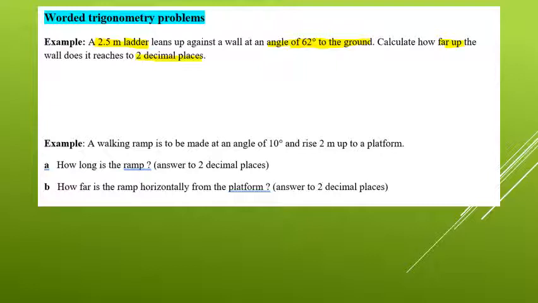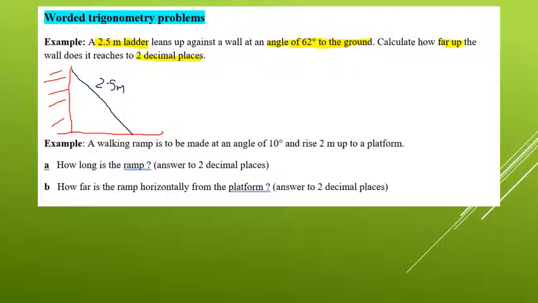Alright, so first of all I would try and draw a diagram to represent this. This will be pretty rough, but here's our wall, and the ground would be along here, and my ladder, I might just do this in a different colour. Here's my ladder, it leans against the wall like that. It's 2.5 metres long.